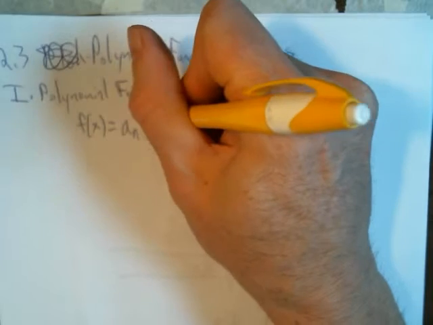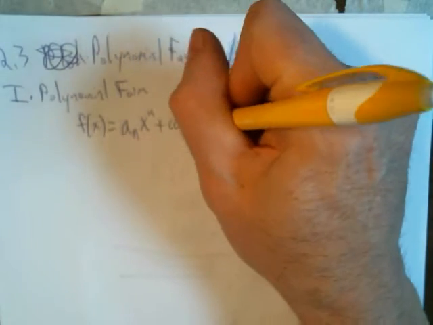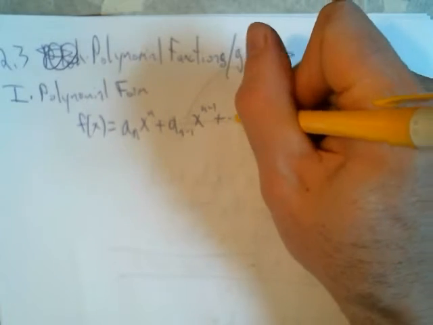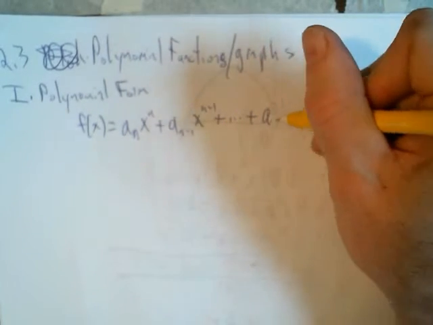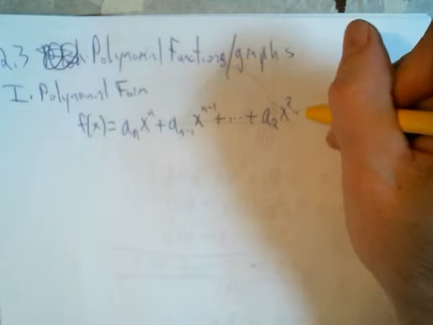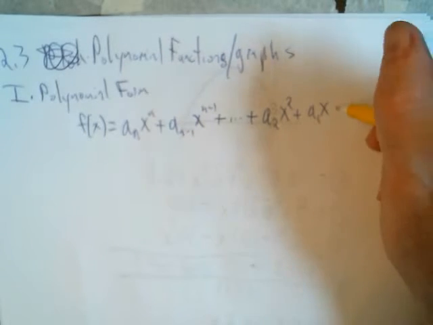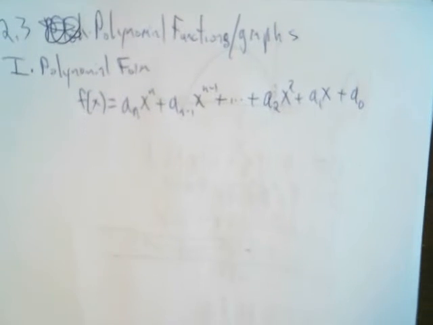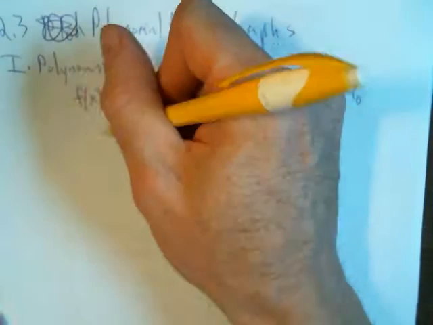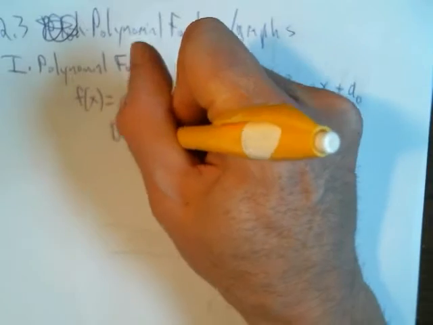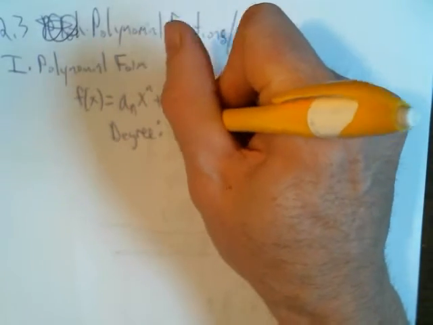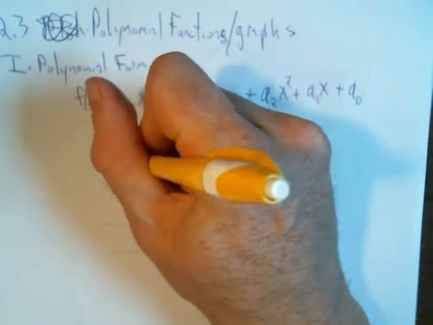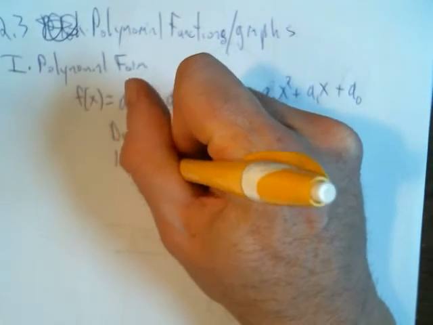So a sub n times x to the n plus a sub n minus 1 times x to the n minus 1 plus dot dot dot plus maybe a sub 2 x squared plus a sub 1 x plus a sub 0. Okay, so that would be the form. The degree in this case is n. Basically just the highest exponent is the degree. And then the leading coefficient is a sub n.